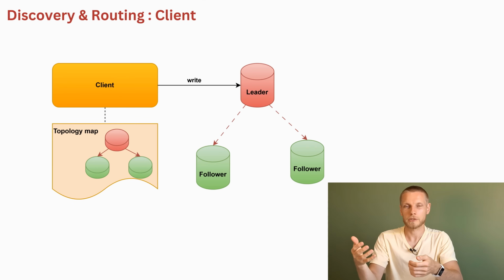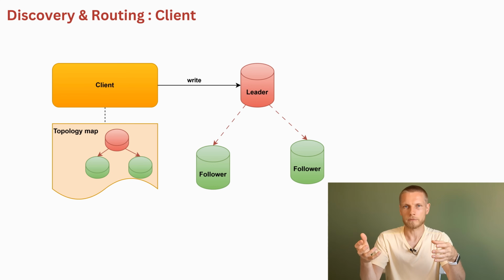First, what comes to mind is that the topology map can be stored and maintained on the client side. In that case, the client always keeps up-to-date information about who is currently the leader and about the cluster structure. When it sends write requests, it sends them to the leader, and read requests it sends either to the leader or to followers, depending on the application logic.